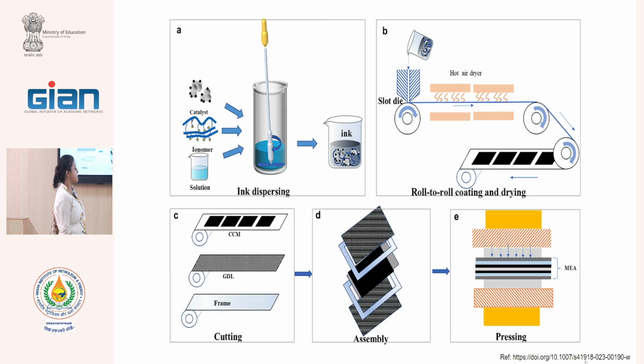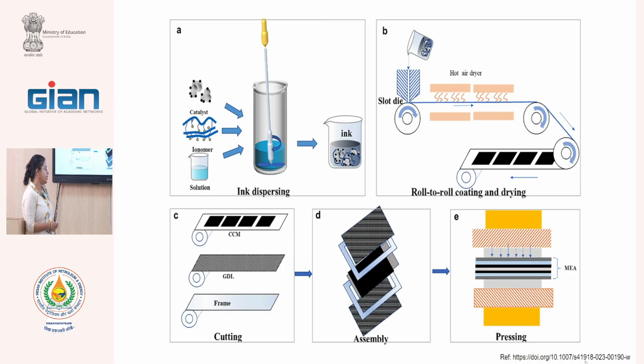Now let us see one of the typical case studies reported in a very highly cited paper. They have taken the membranes in such a way that they have some catalyst. In this particular paper they used platinum carbon catalyst. They used some ionomer, and some solution.